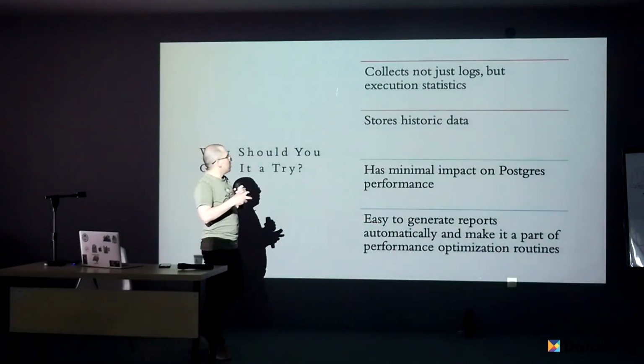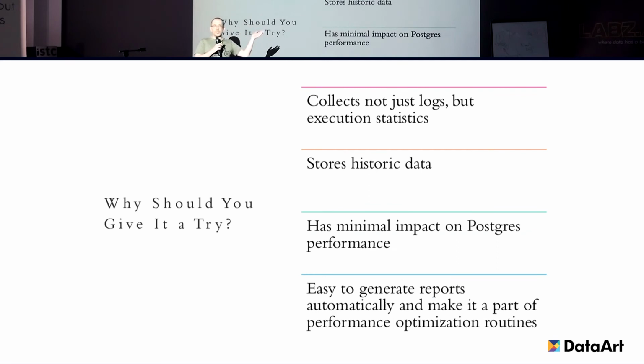Okay, so this is what this section does. Again, it collects not just query logs, but execution statistics, CPU time, rows selected, and so on. It has minimal impact on Postgres performance, which is cool because if you turn on the slow log and make it log every query, it will slow down your Postgres like crazy.